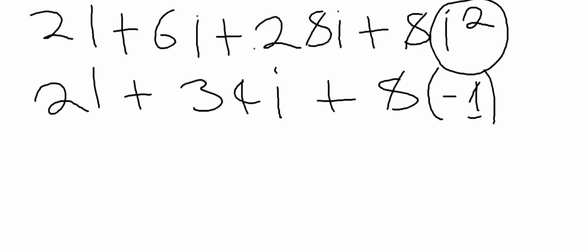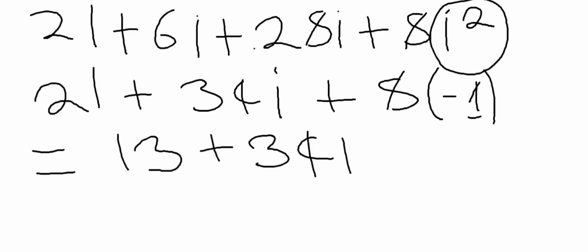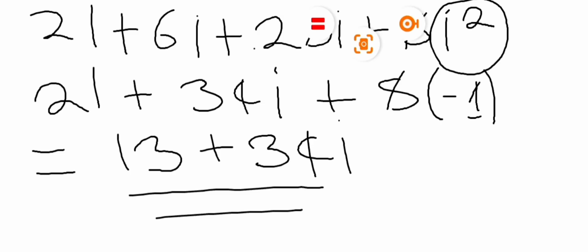So this is where it applies. So when we add here, we find that we have 13 plus 34i, and therefore we have 13 as our real part and 34 as our imaginary part. So this is what we should know when it comes to multiplication of complex numbers.